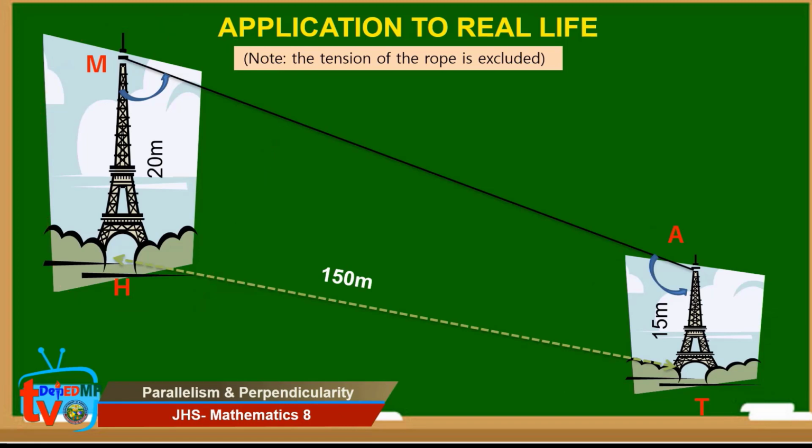The zip line in the figure goes from a 20-meter tall tower to a 15-meter tall tower, which are 150 meters apart in a slightly inclined ground. We consider that the tension of the rope is excluded.